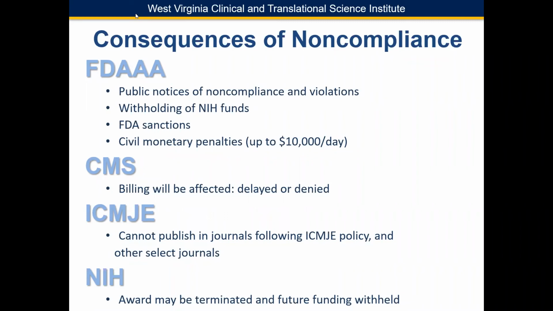For CMS, if you're getting funding through them, billing could be delayed or denied. For ICMJE and many other journals that follow them, they just won't let you publish. And for the NIH, the award may be terminated and future funding could be withheld.